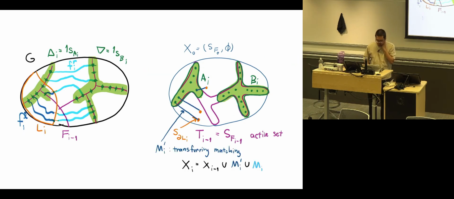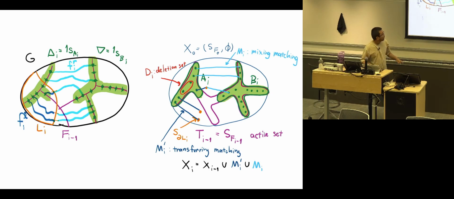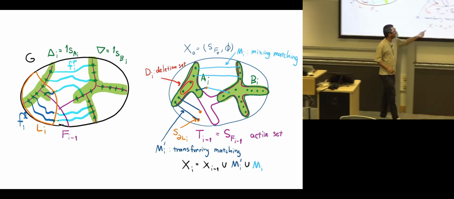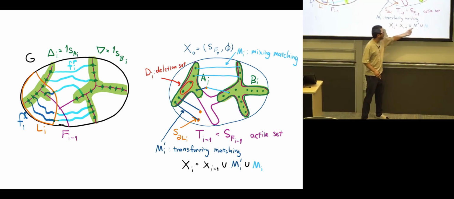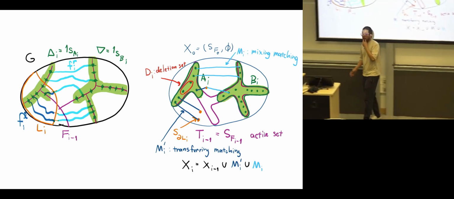So that's how we then say that our new graph X is just a union of these two matchings.